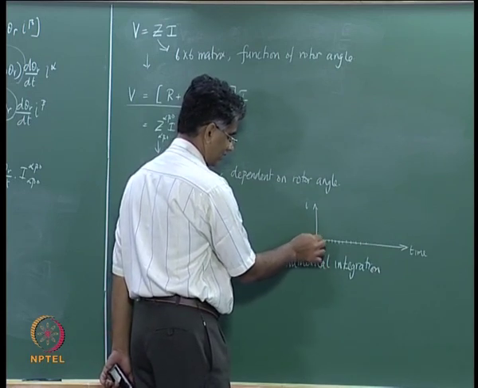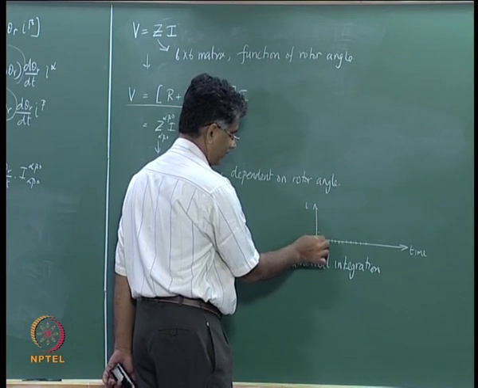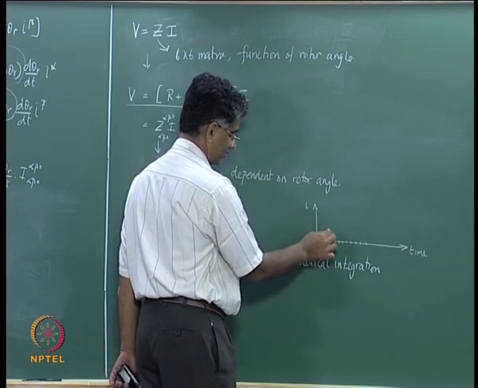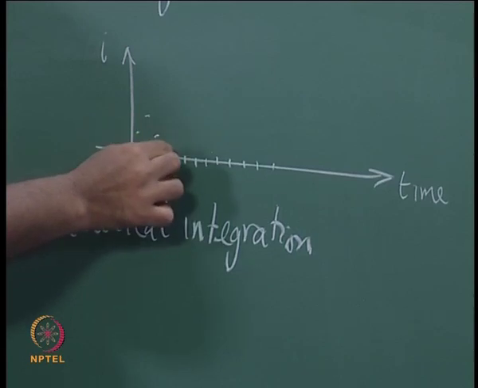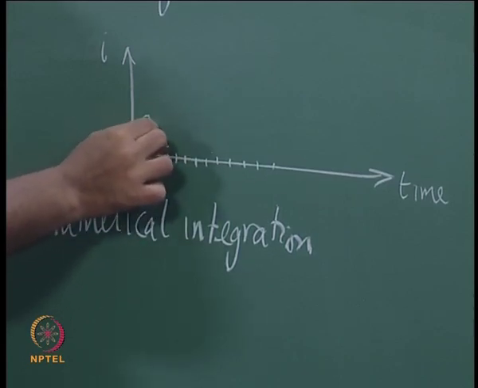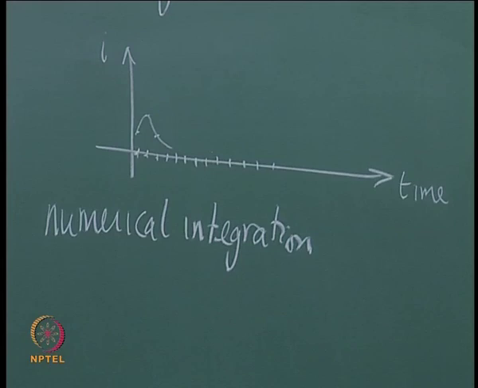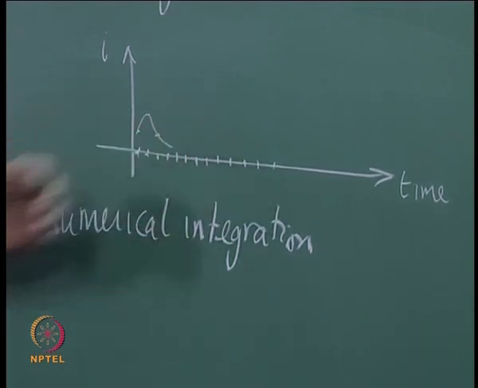So, maybe at this instant of time the solution is here, value of I is here, at this instant it is somewhere else, this instant it is somewhere else, here it is somewhere else. So, we could say that the current sort of flows like that. So, you discretize the axis and then try to compute the solution at each instant of t that you are willing to consider, which would mean that this inductance matrix has to be evaluated, all these have to be evaluated at every instant of time.